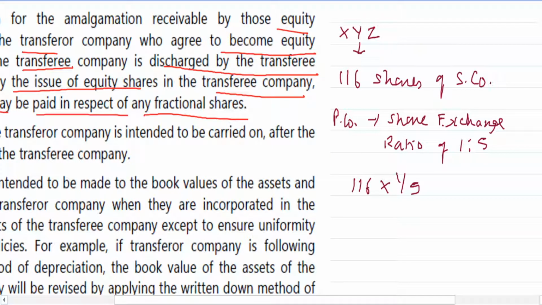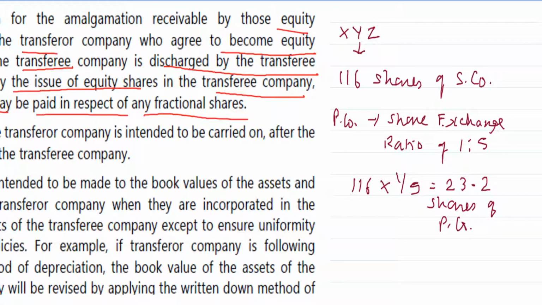You are a shareholder right now of the selling company. I offer shares of the purchasing company. So now you will become a shareholder of the purchasing company. But my share exchange ratio is 1/5. So 116 I multiply by 1/5. This is turning out to be 23.2 shares of the purchasing company.